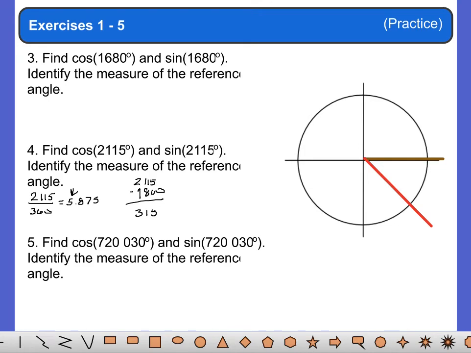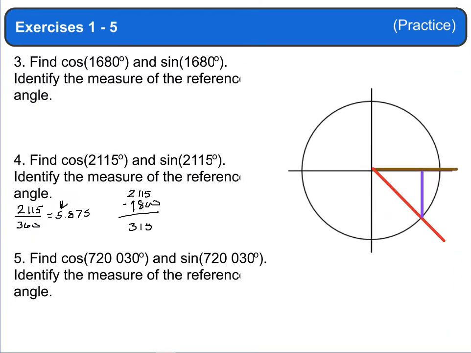And so now that I have that, I can draw this line straight up, and that signifies to me that I have a 45, 45, 90 triangle. We're in the fourth quadrant, so everything is positive, negative. So that means this is going to be a positive square root of 2 over 2, and this would be a negative square root of 2 over 2.